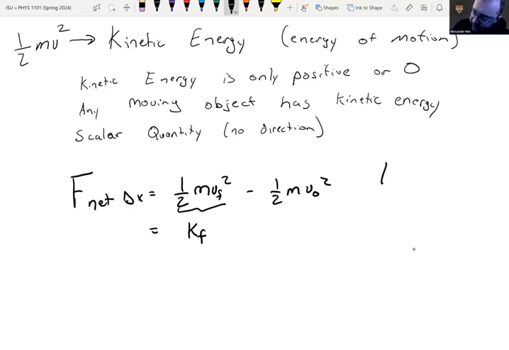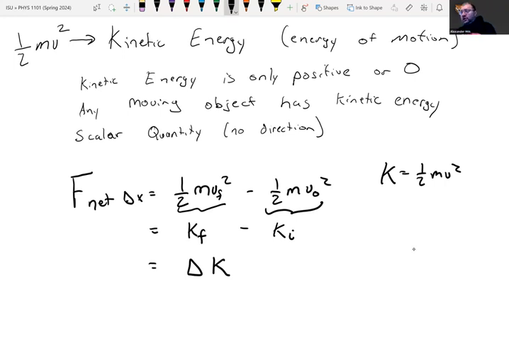K is just equal to 1/2 m v squared. And then the second one would be K initial. So this is a change in kinetic energy. Something about the force causes a change in kinetic energy.